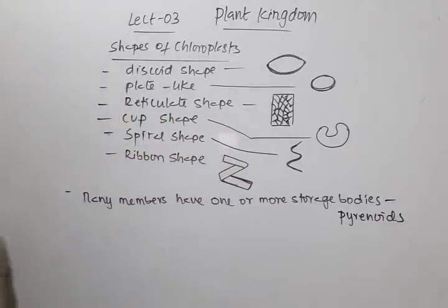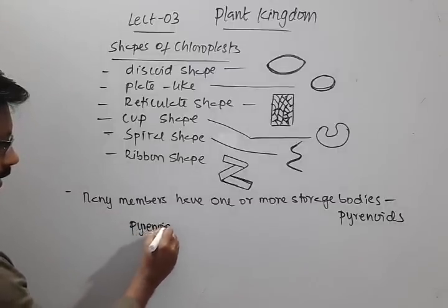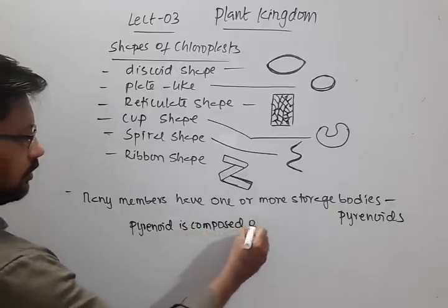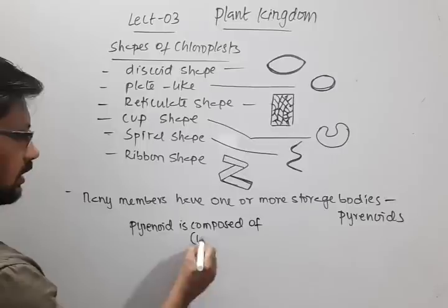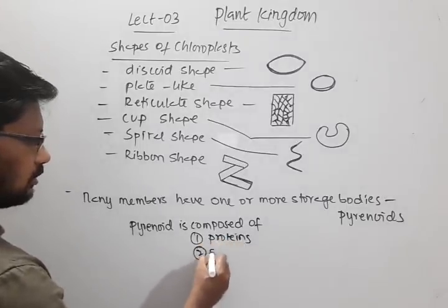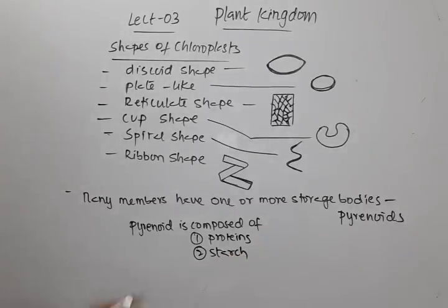So the storage bodies are called pyrenoids. And this pyrenoid is composed of two things. One, it has proteins, and also starch. So pyrenoid is composed of proteins, and also it contains starch, right?